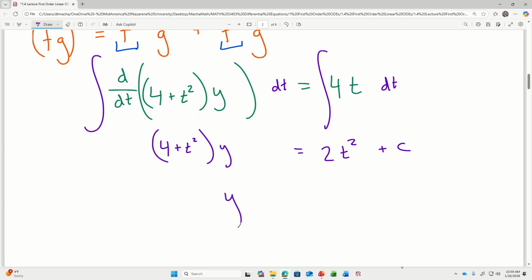Now I want to solve for y to get my solution. My solution is going to be 2t squared divided by 4 plus t squared plus c divided by 4 plus t squared.